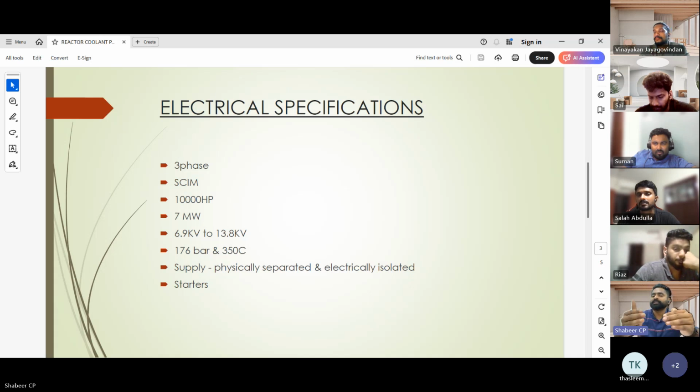It also has functions of controlling voltage, controlling frequency, and so on. There are many functions, such as overcurrent control and earth fault control, but the primary function is to limit the starting current at the period of starting. These are the common electrical specifications of our RCP.